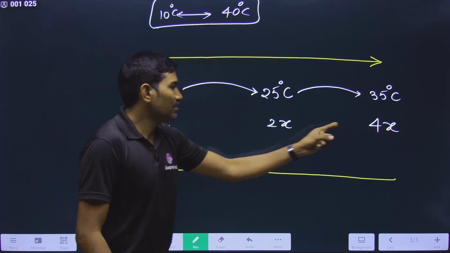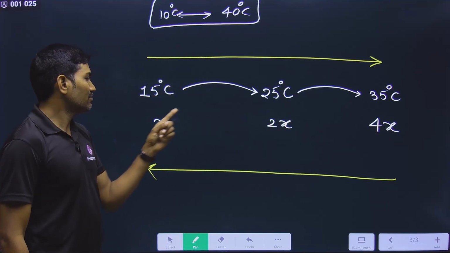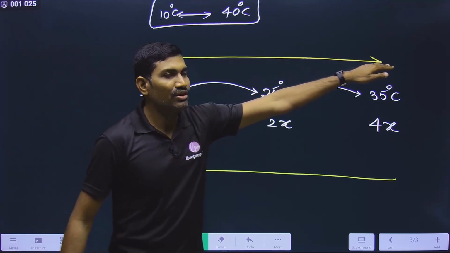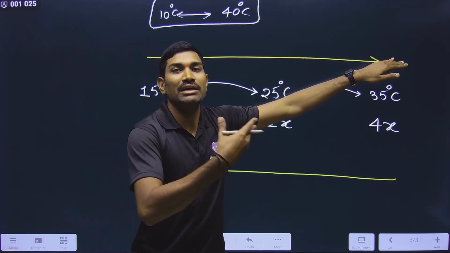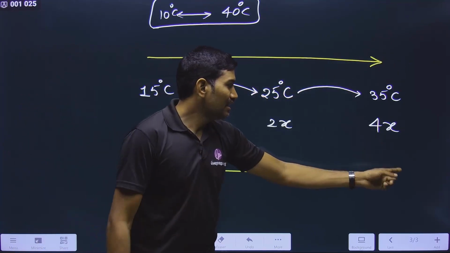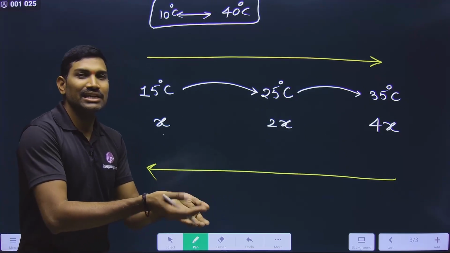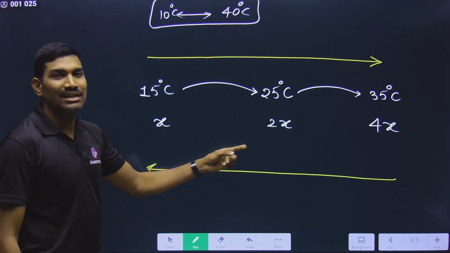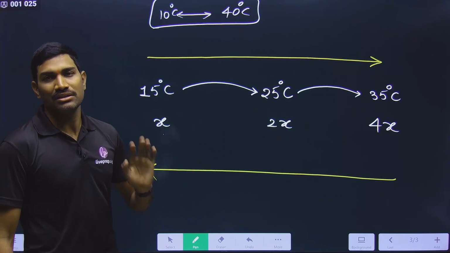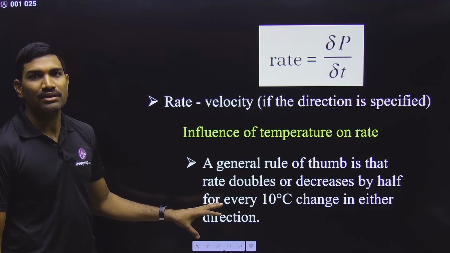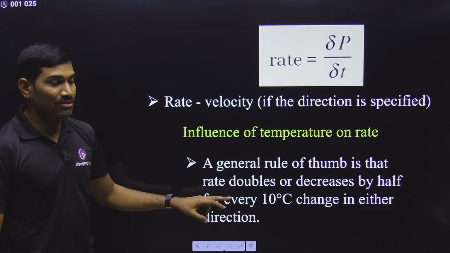So 4x becomes 2x, and 2x becomes x. This is the meaning of this sentence. Clear? Observe this carefully.